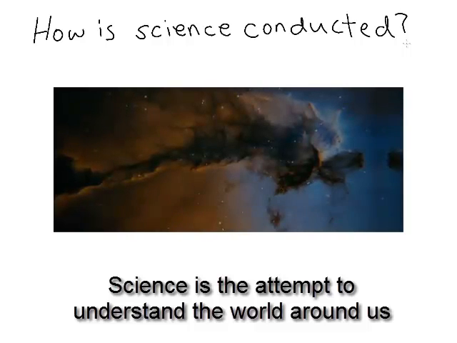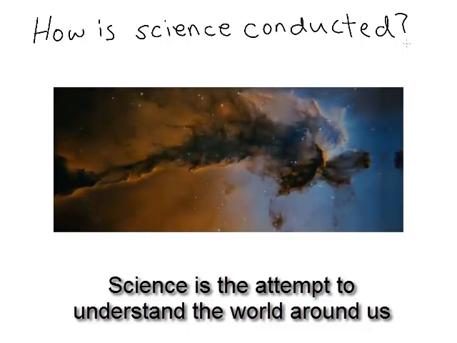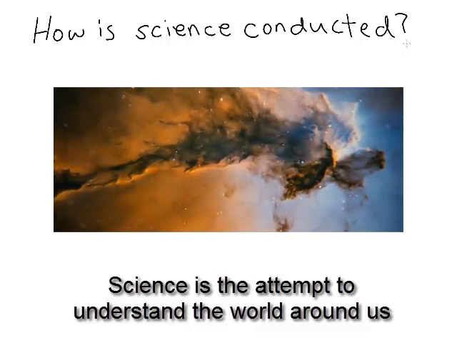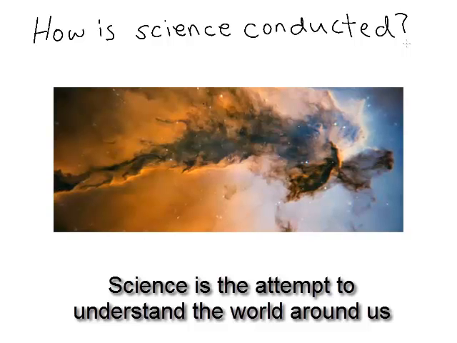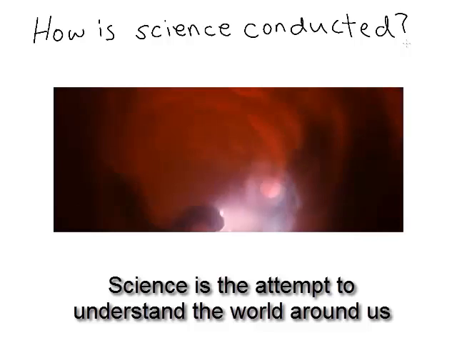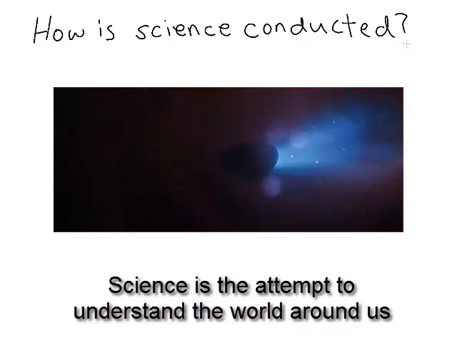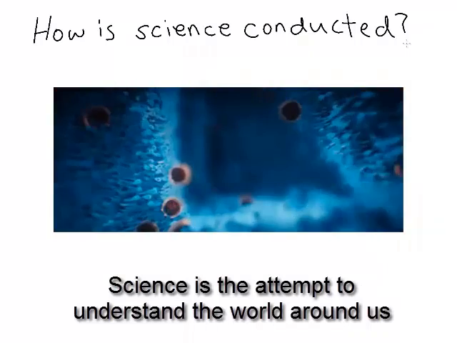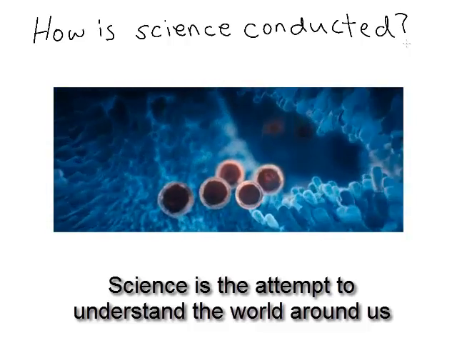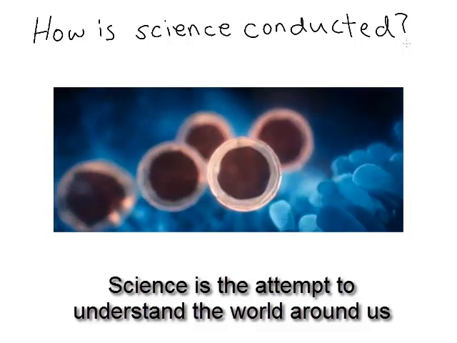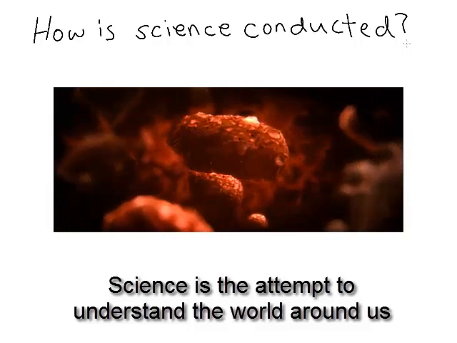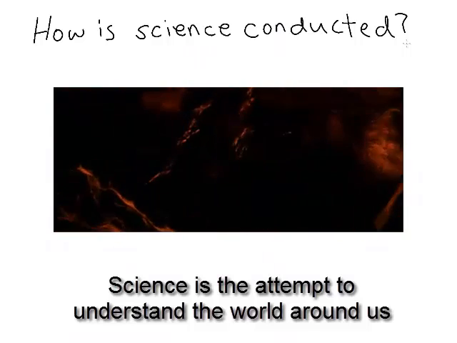An astrophysicist may study the stars and planets, and they might be interested in how the stars and planets are born and what causes them to behave the way they do. So they're interested in finding out something. A chemist may be interested in developing a new chemical or learning why a chemical behaves the way it does. And biologists are interested in trying to determine why the living world works the way it does.